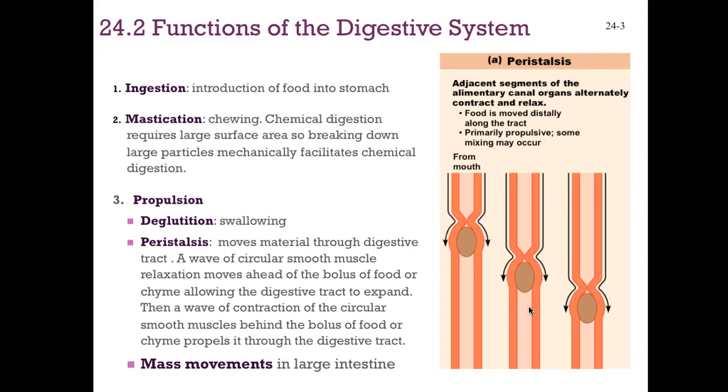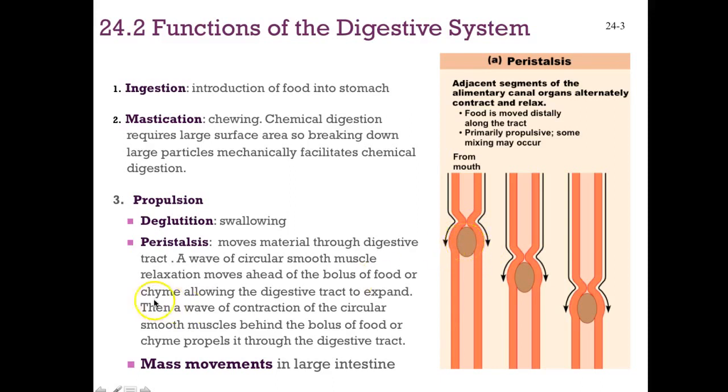Third, we have propulsion. So first, within propulsion, we have deglutition, and this is swallowing. Next phase is peristalsis, and this is what we see over here on the right. We have smooth muscles found in our GI tract that will contract involuntarily and create this wave-like motion in order to propel the food, or at this point in the esophagus, it's called the bolus.